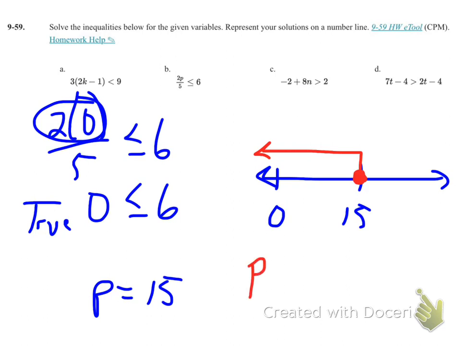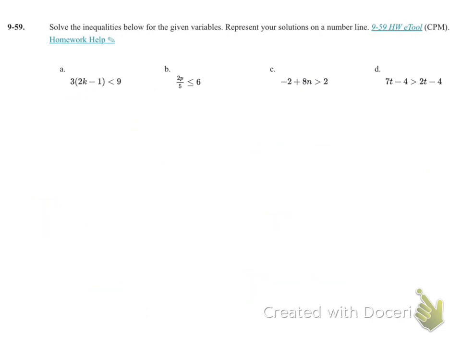So p, going to the left, is less than, closed circle, so it's or equal to, and my boundary point of 15. Let's take a look at problem C. Again, starting off, negative 2 plus 8n with an equal symbol.